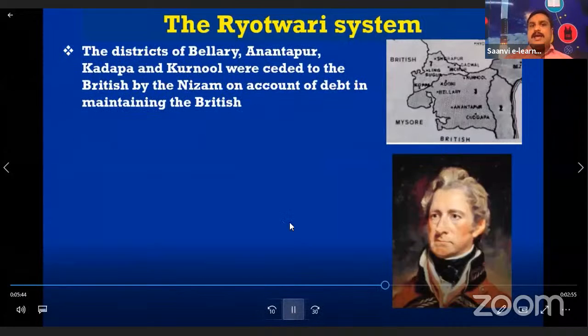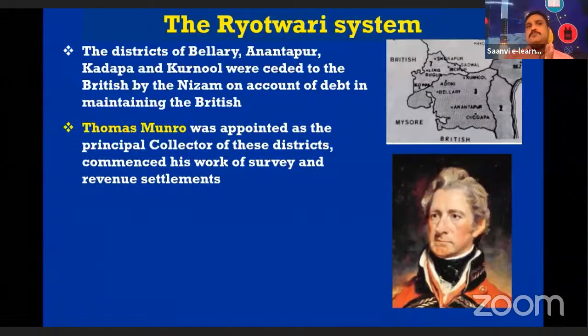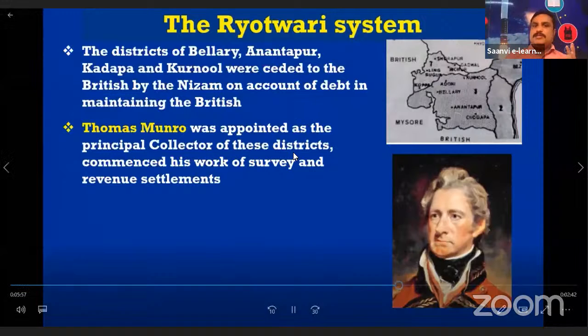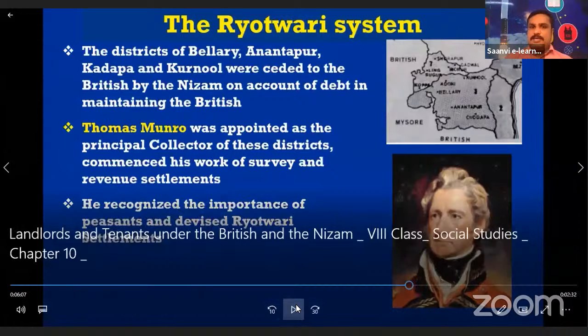The districts of Bellary, already we have gone through the districts of Bellary, Kadapa, Kurnool were ceded to the British by the Nizam, on account of debt in maintaining the British. So these places were given to the British authority. Thomas Munro was appointed as the principal collector of these districts. He is a British official, please note down his name.